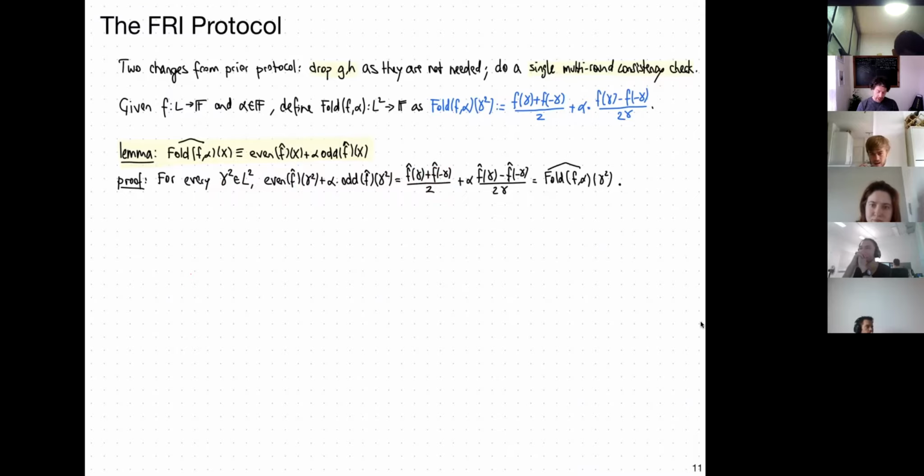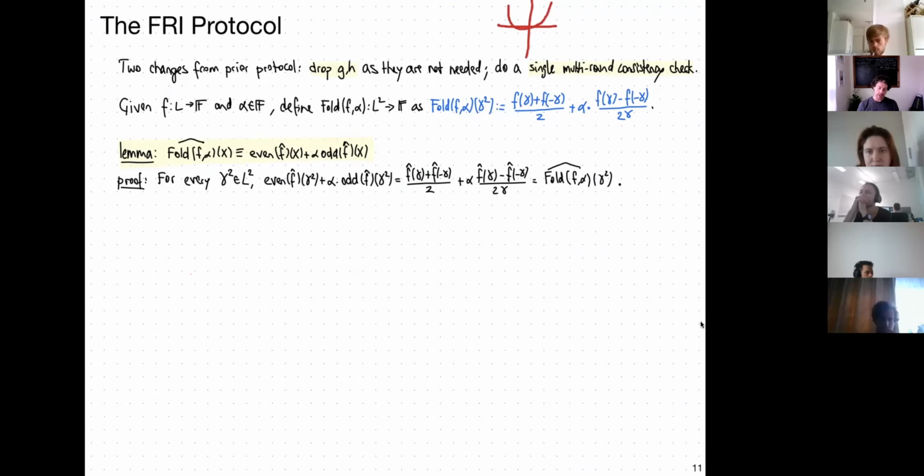This corresponds to this type of picture. In the odd setting, we have something which corresponds to this kind of picture, where we have this value minus the minus value.